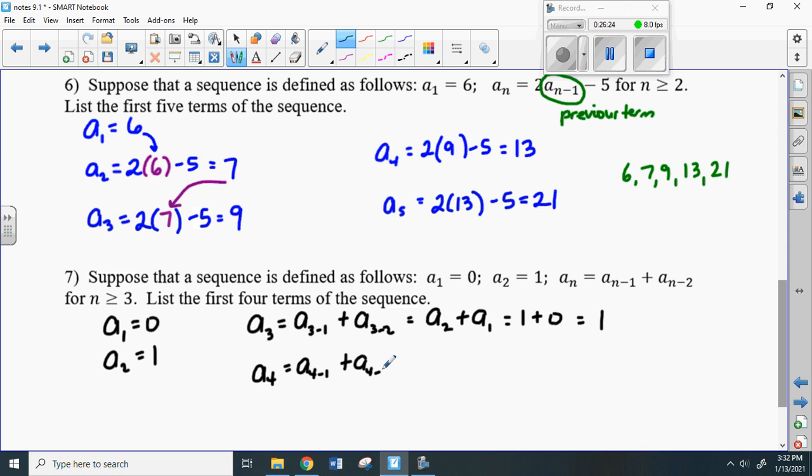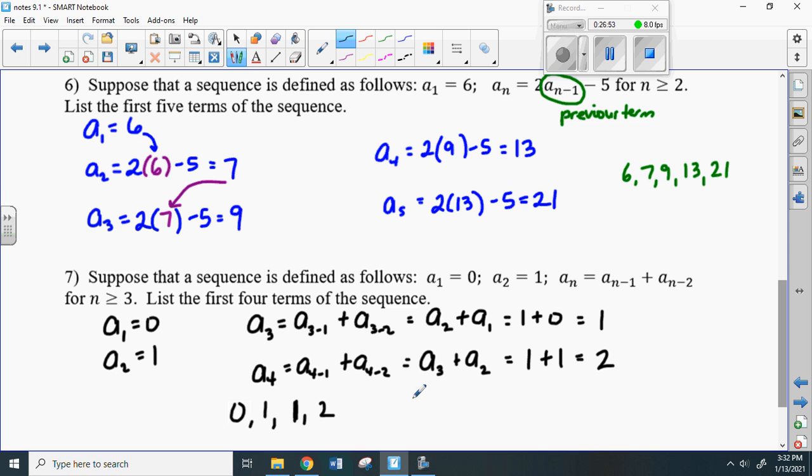Plug in the little 4 and then do the math. 4 minus 1 is 3. 4 minus 2 is 2. So this is telling me if I want the fourth term, I need the third one plus the second one. Well, the third one was 1, the second one was 1, and so the fourth one is 2. So my four terms are 0, 1, 1, 2.